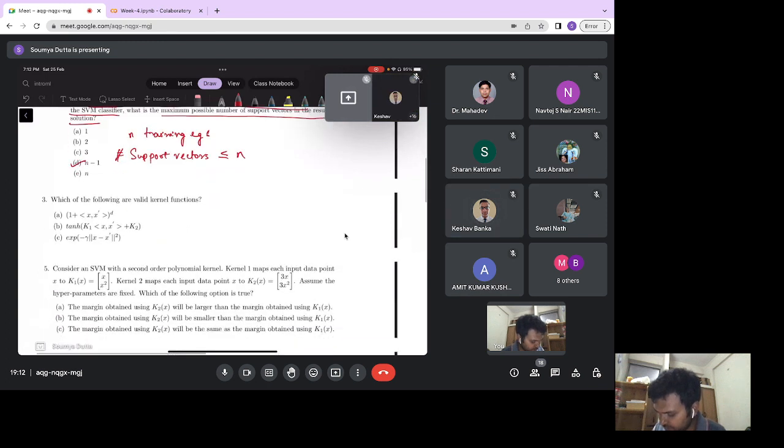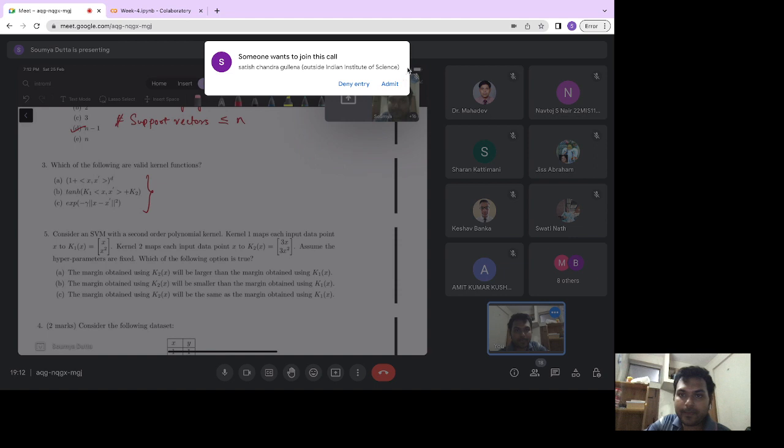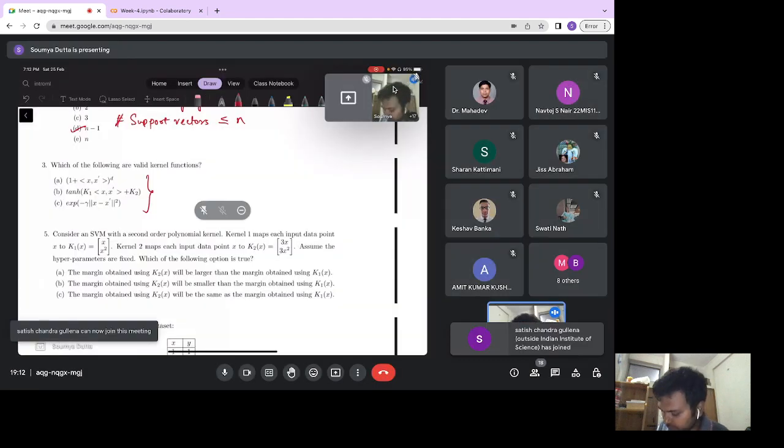Okay, so the next question is just directly out of the lecture. These are the three kernels which were introduced in the lecture, and you would know that all of them are valid kernels. The first one is a polynomial kernel.